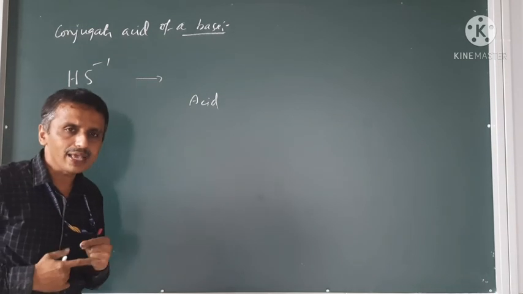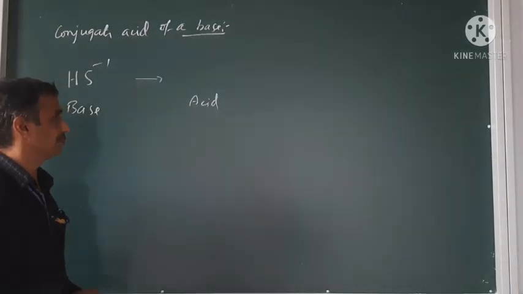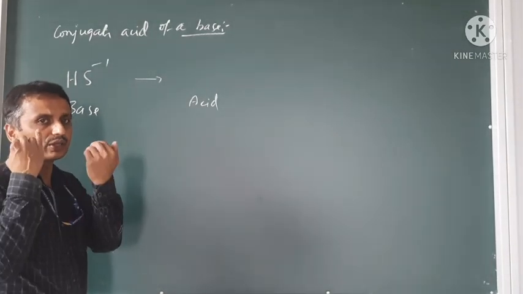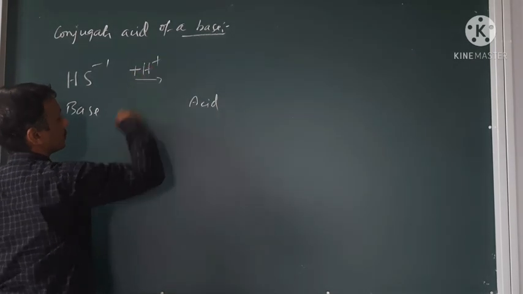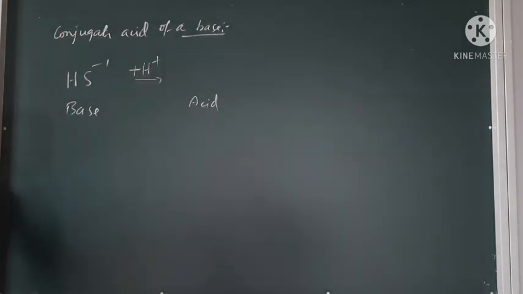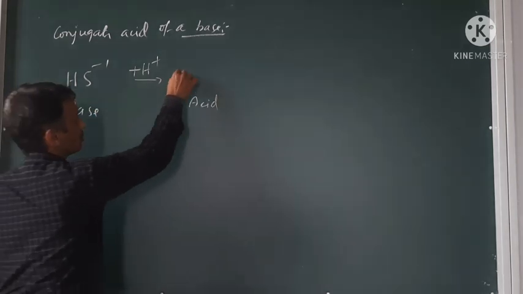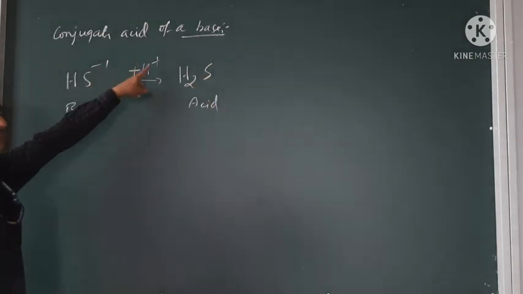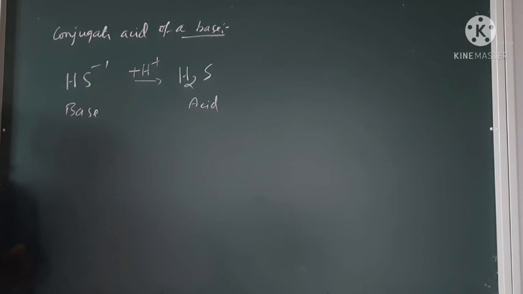When a base is given, to write its conjugate acid, add one H plus, add one proton. Already one H was there, another H means it becomes H2. Minus 1 plus 1 cancel. No charges.